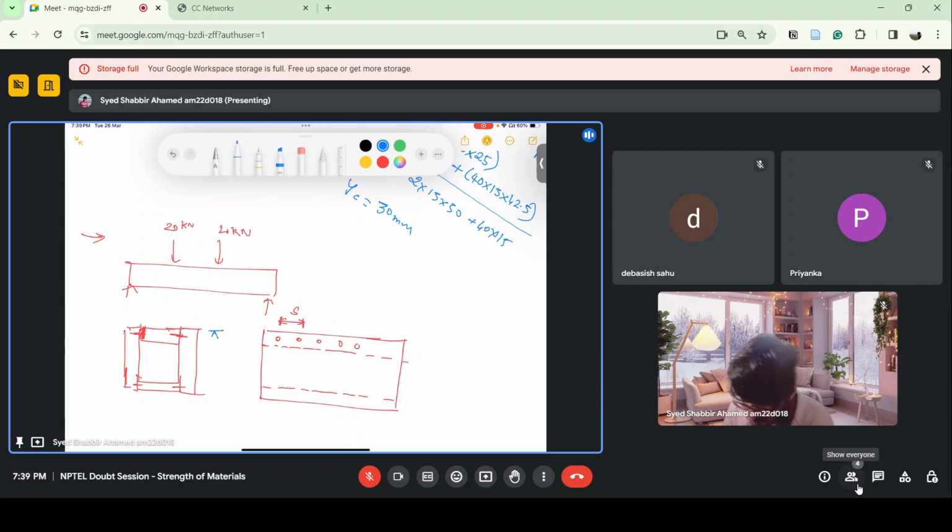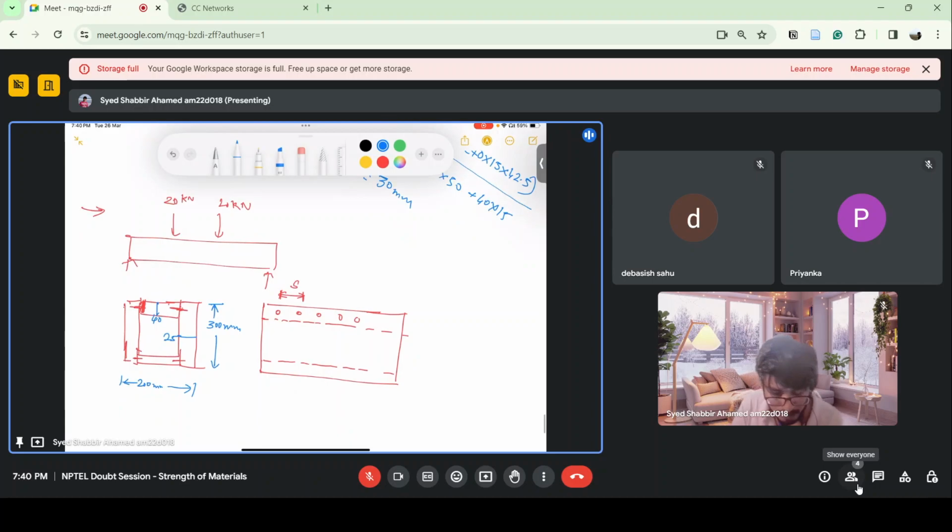This is 300 mm and this is 200. This is 40. This is 25. So the horizontal planks are having thickness 40. The vertically arranged planks have thickness of 25 mm.